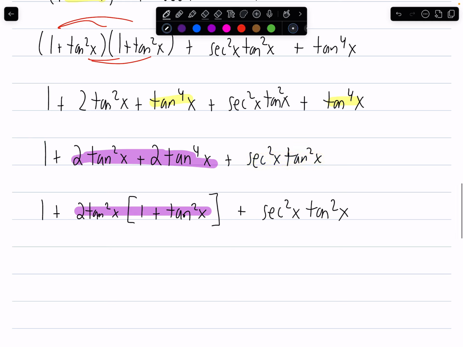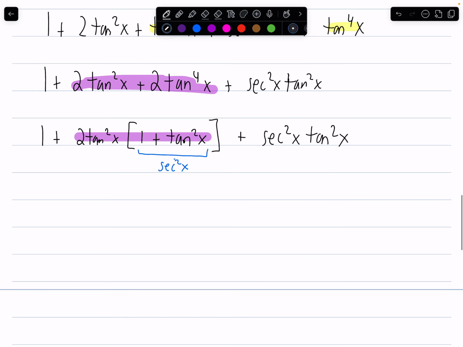So the reason I did this is because if you know your Pythagorean identity when it comes to secant squared x and tan squared x, you're going to know that this is actually secant squared x. So see how this plays out. You get 1 plus 2 tan squared x, secant squared x, plus secant squared x, tan squared x.